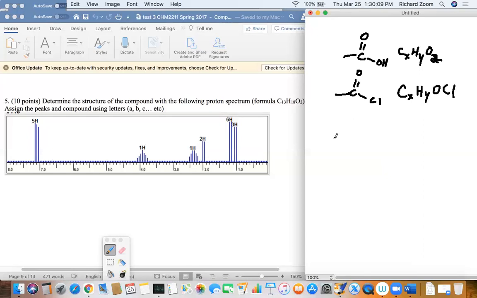Okay, if it's an acid chloride, it'll be CxHyCOCl. So you notice how you're always given the formula as part of the NMR? If it's an acid anhydride, it'll be CxHyO3.